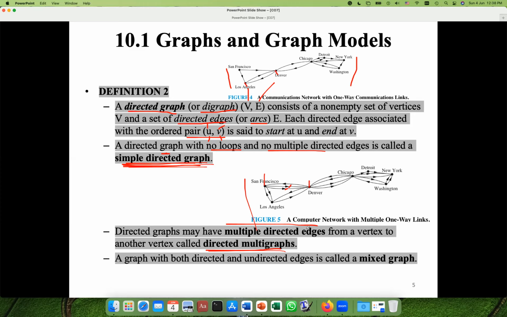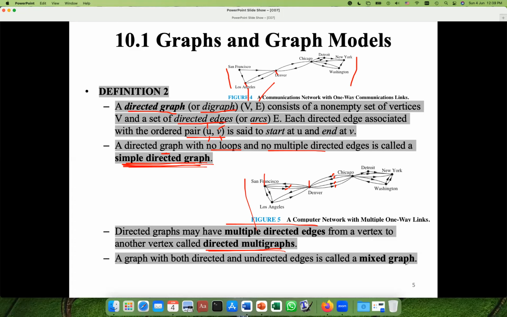This is now the example of a directed multigraph, not only a multigraph. We can see the direction here is also the same. So multiple directed edges in this graph.